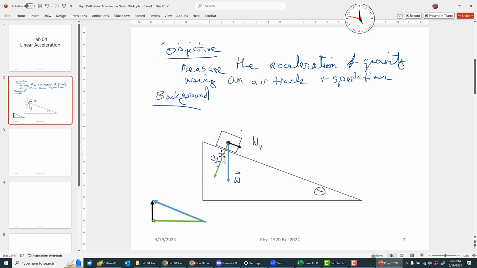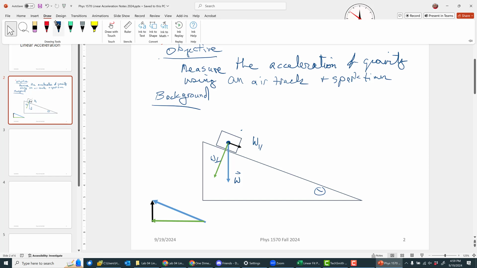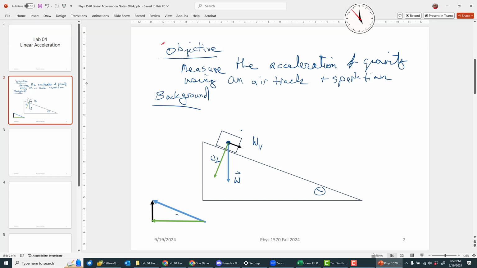So this is the angle in there, theta, and so we have this trig function that says that the sine of theta equals opposite over hypotenuse.